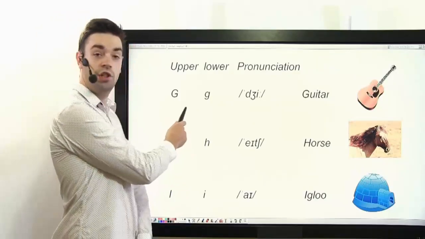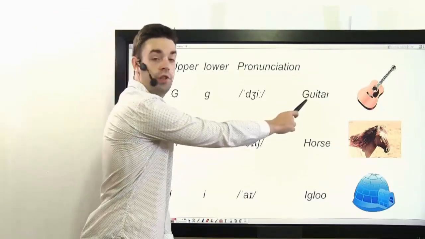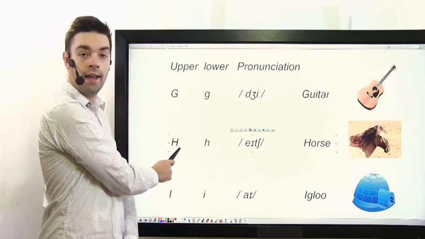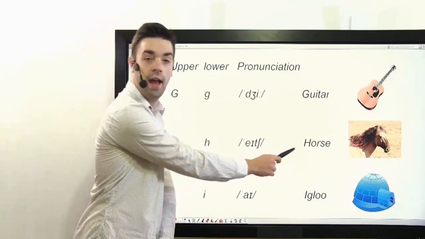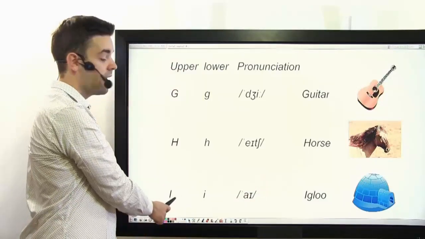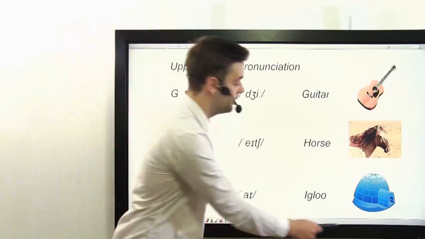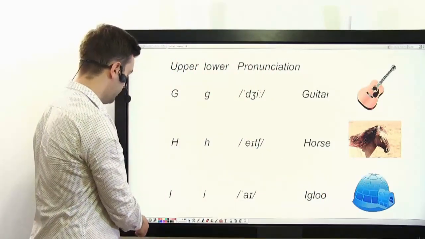Then we've got G. G is for guitar. H is for horse. I is for igloo.